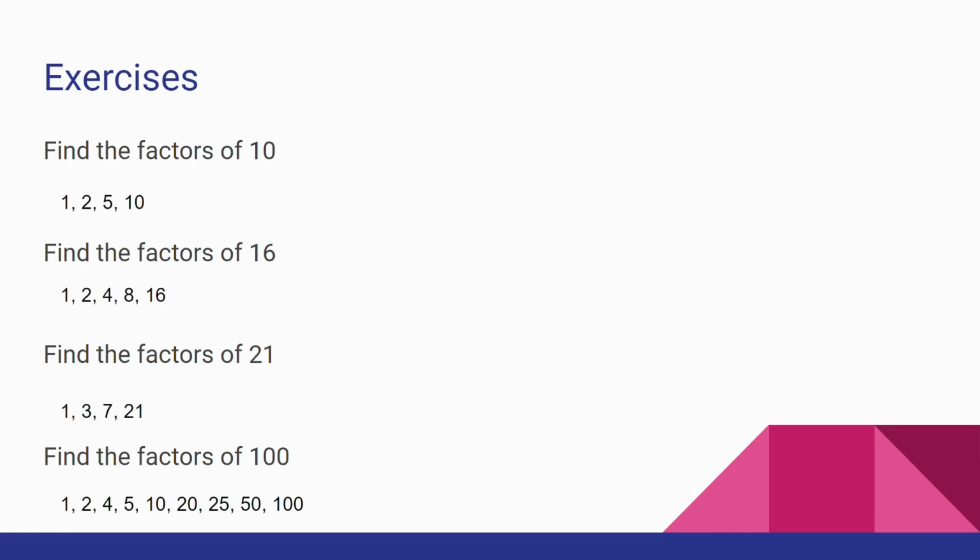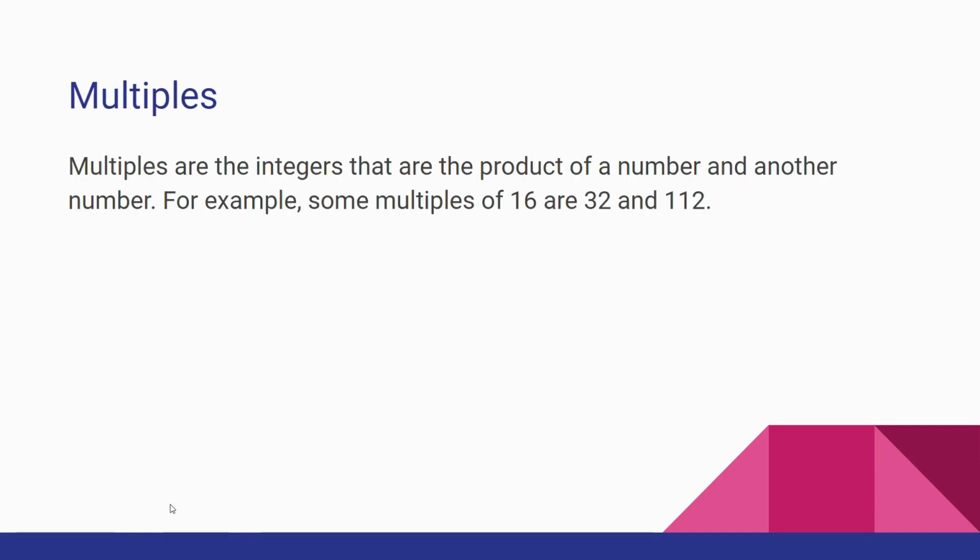It has also come to my attention that I forgot to add 10 in the list of factors for 100, so forgive my mistake. Alright, let's move on to multiples.